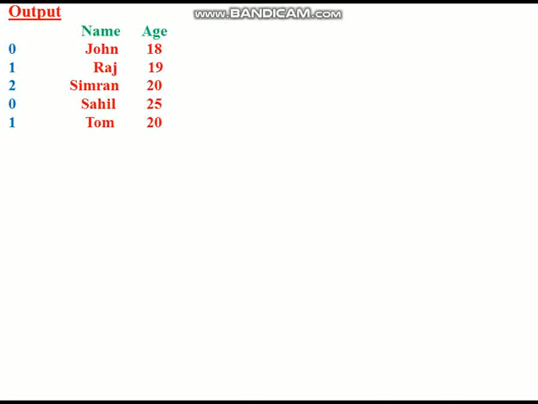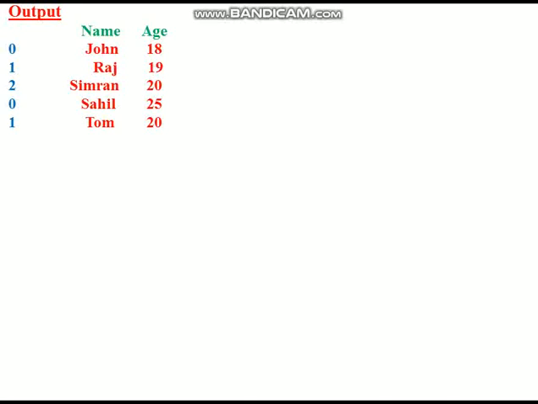We are facing a problem here. That means the indexes are repeating here. So the only change we saw in concat is that it increases the number of rows. Columns remain the same, but with some repeated index.